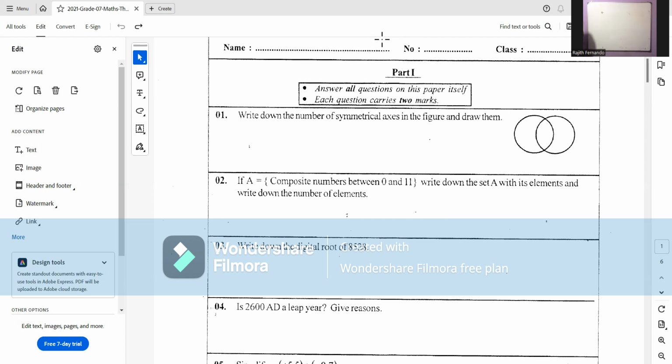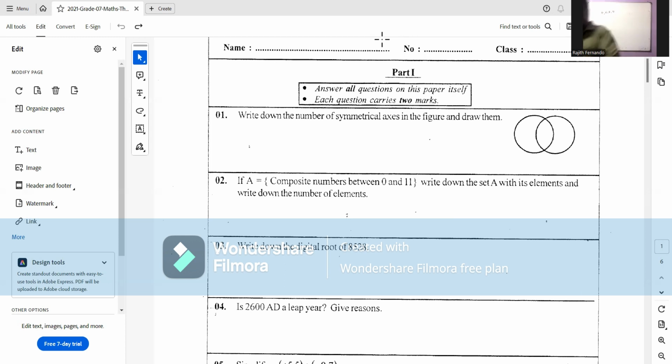Then 5 is a prime number. Therefore, that is not a composite number. Then 6 is 2 multiplied by 3. That is a composite number. And 7 is a prime number. 8 is also a composite number. We can create that by 2 multiplied by 2 multiplied by 2, or 4 multiplied by 2. Likewise, 9 is a composite number, right?